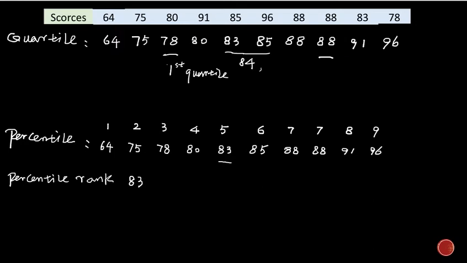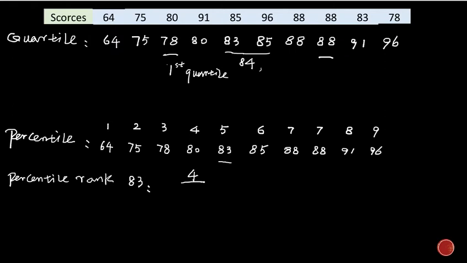So to calculate the percentile rank of score 83, we need to count how many numbers fall below this value. We have 4, over how many positions or how many ordinal numbers do we have?